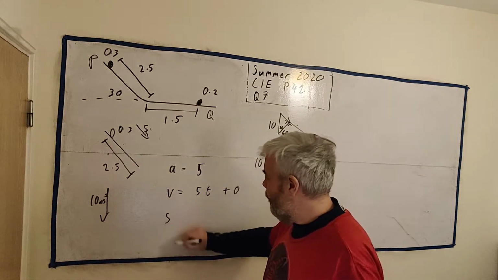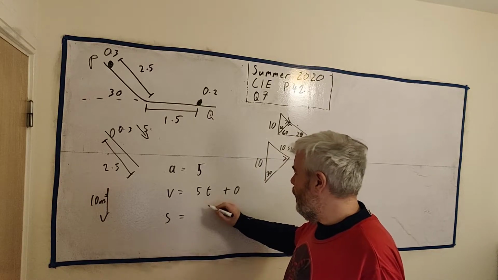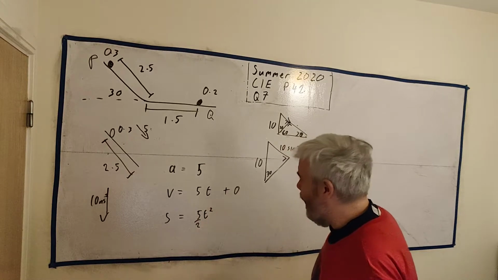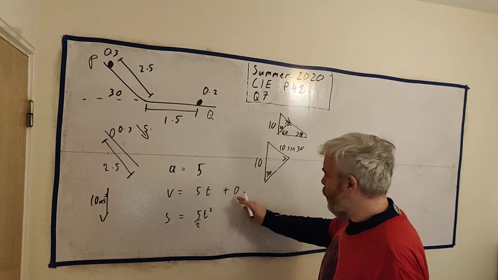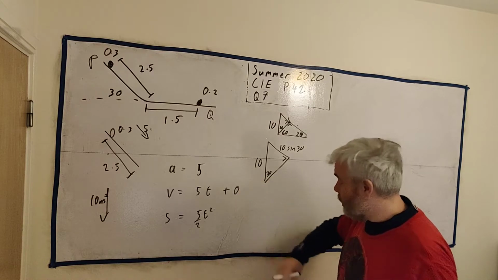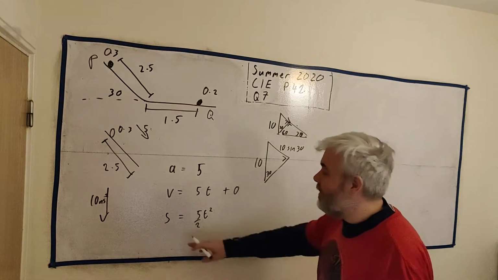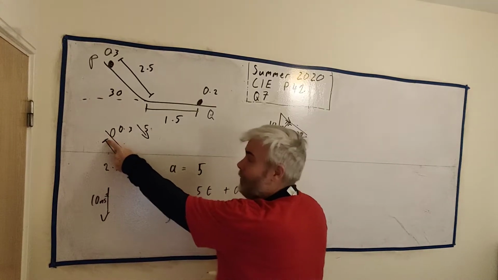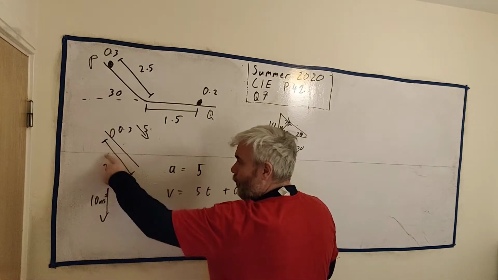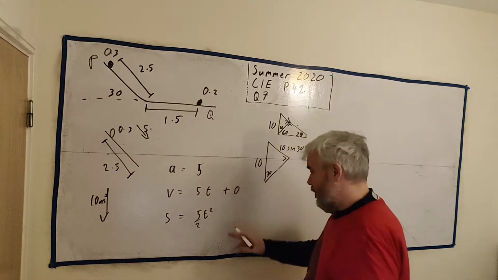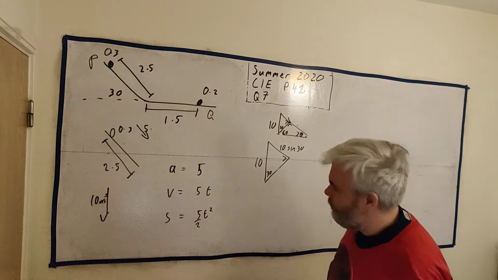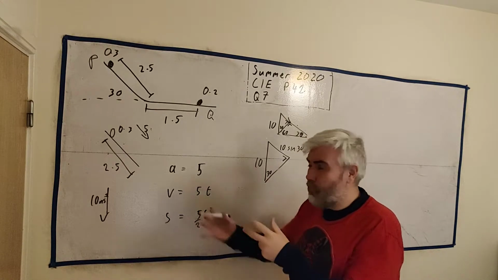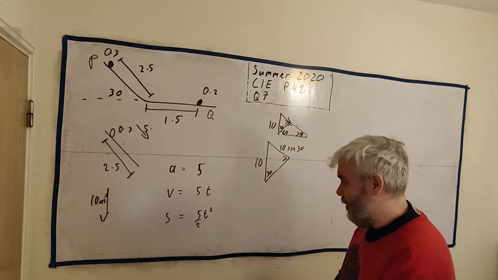And then displacement would equal 5 over 2, t squared, plus the initial displacement. We'll start the world at 0 up here as well, and we'll go plus 2.5 down to here. So that's 0 as well. We don't need this now. This is slightly longer than using the equations, by the way. There's just one equation needed for that, but it's not much longer.